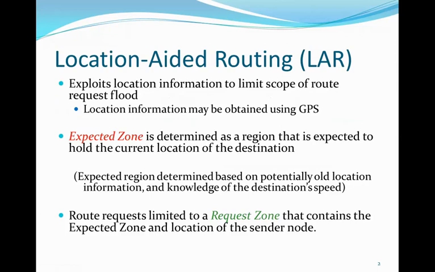Remember that we can obtain the location information about any node either by GPS, or sometimes the respective node can share with other nodes what its new location is. The important thing we should know is the speed of a node and the direction of the node, so we can draw this expected zone.